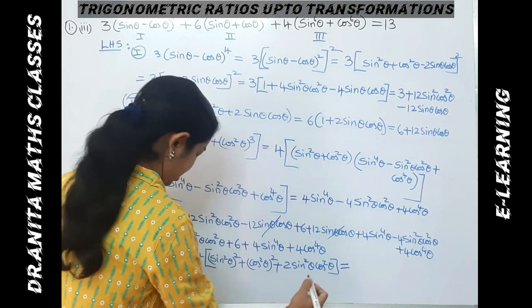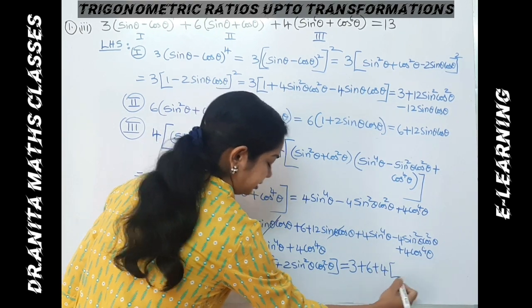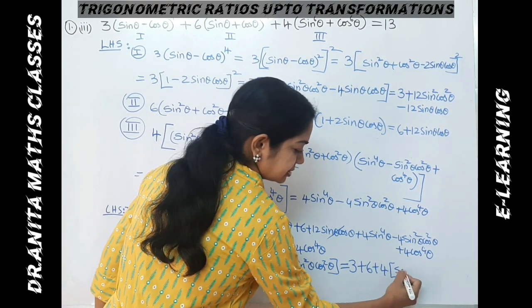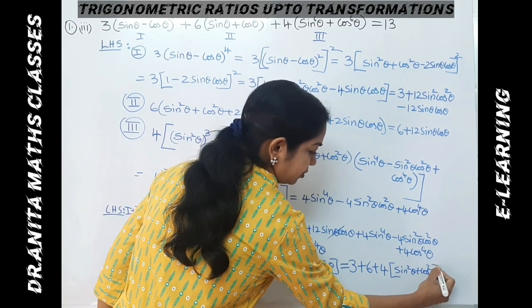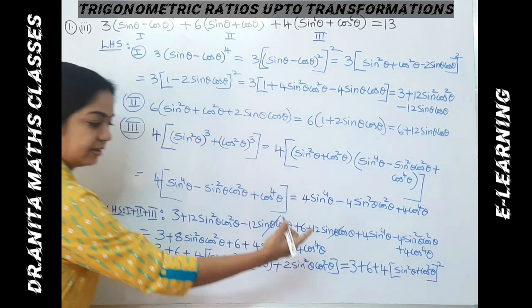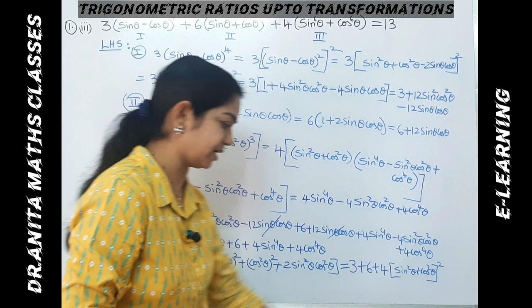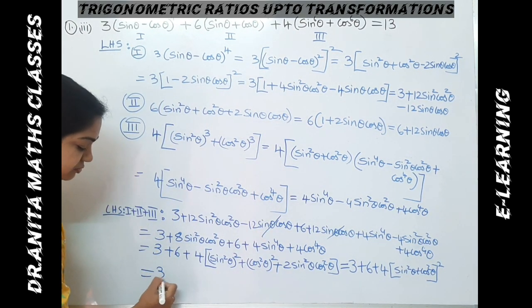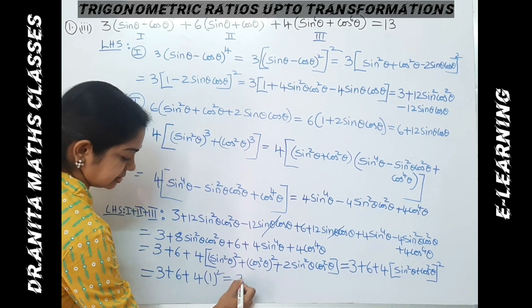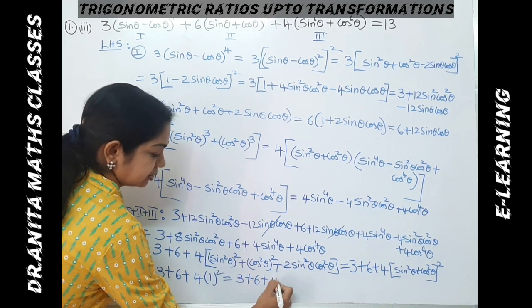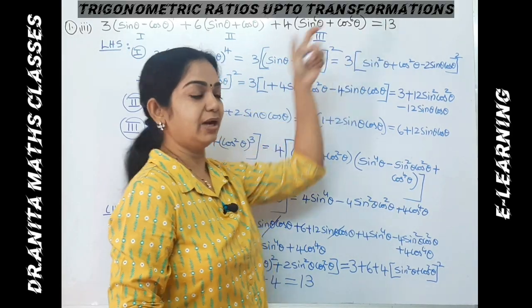So this comes to 3 plus 6 plus 4 into sine square theta plus cos square theta whole square. That is (a plus b) whole square, and this is 1, so 1 square. So that comes to 3 plus 6 plus 4 into 1 square, that is 3 plus 6 plus 4, which is equal to 13. 13 is the required value, the RHS.